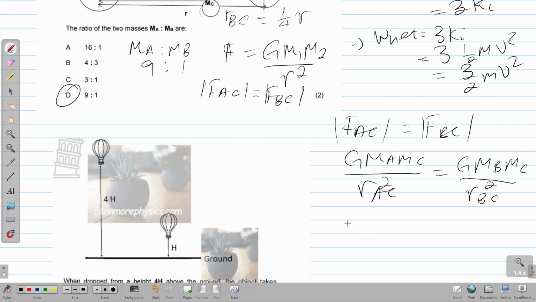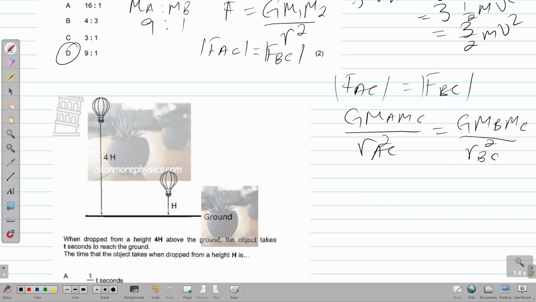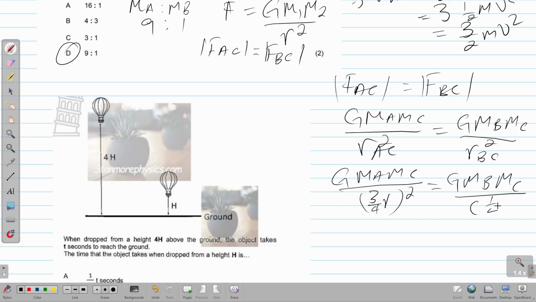And then that will give you G MA MC divided by 3/4 R squared equals G MB MC divided by a quarter R squared.